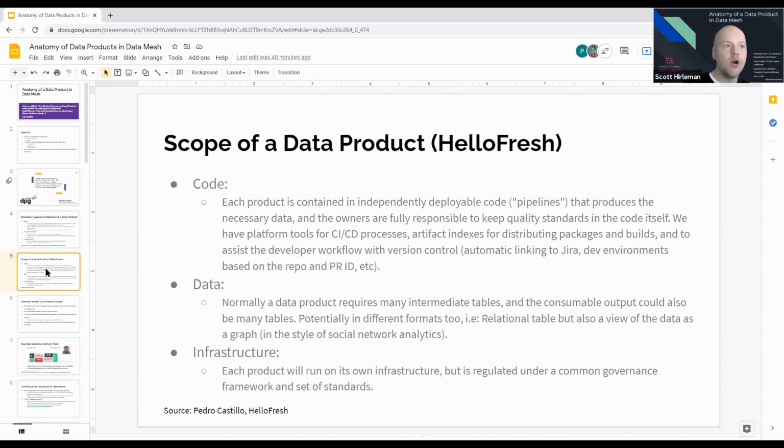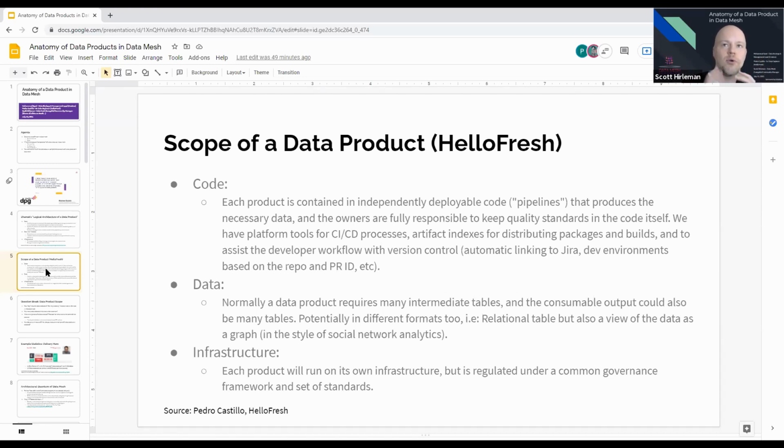So the code, it's the independently deployable code. We'll talk about the boundaries of what's in the data product and what's out, right? It's bringing in that necessary data, it's producing the data that will actually be consumed.